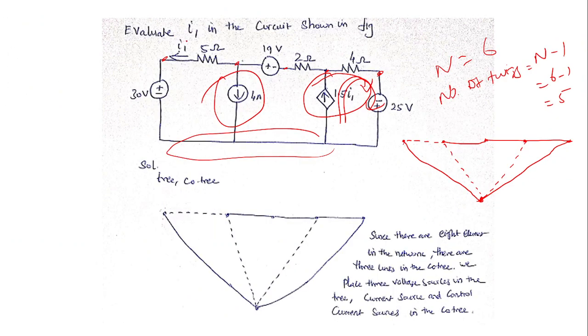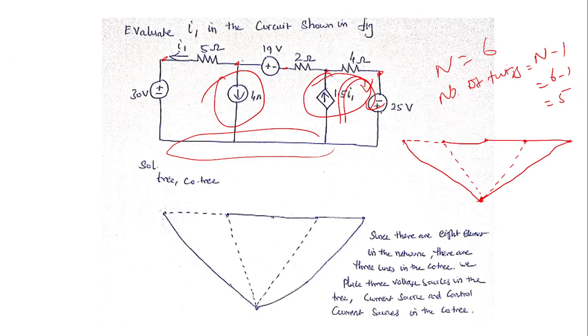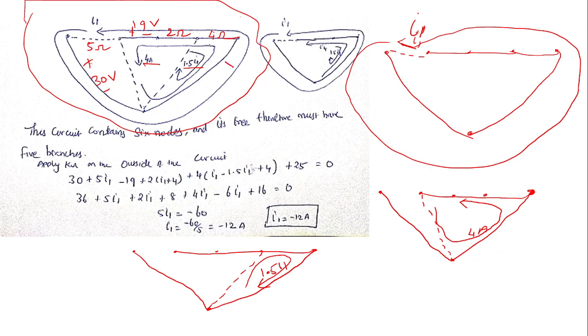And here we have 2 ohms, 4 ohms, and then 25 volt, so minus plus 25 volt. So I hope I covered everything. Just consider only the outer loop I1.